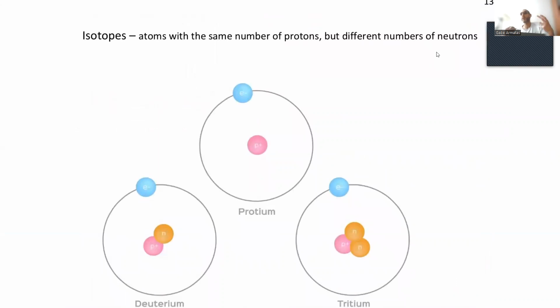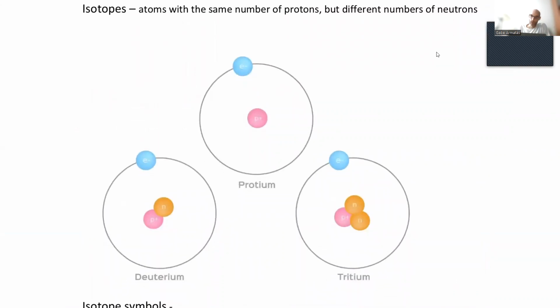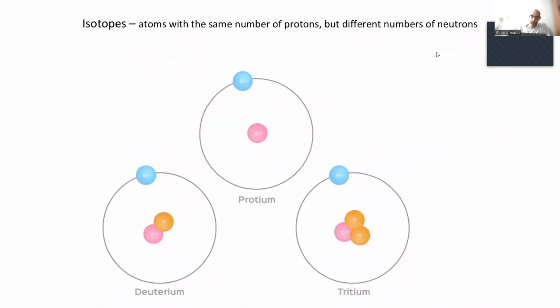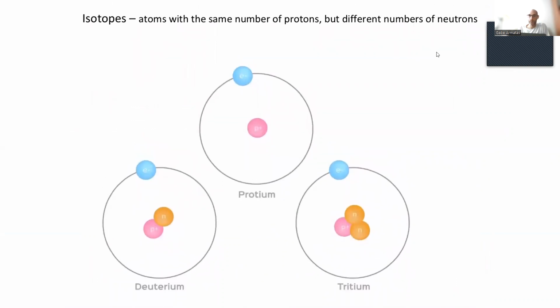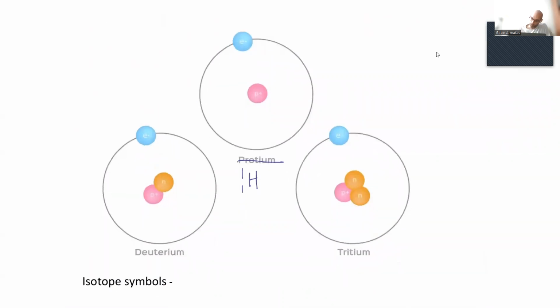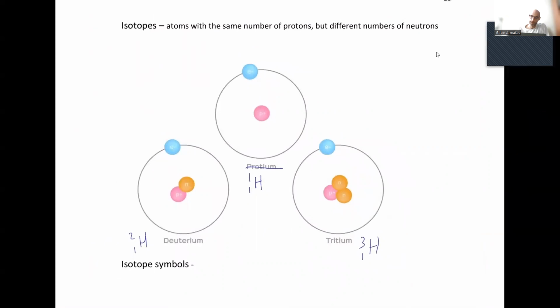So we have a bunch of atoms with different stuff in them. And so if we take a look, let's talk about the idea of an isotope. And this looks more complicated. Protium is just simply a hydrogen with one, this 1,3, and deuterium 1,2. That is the definition of those three right there.